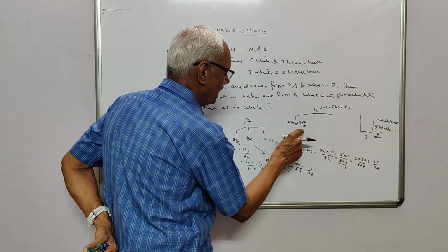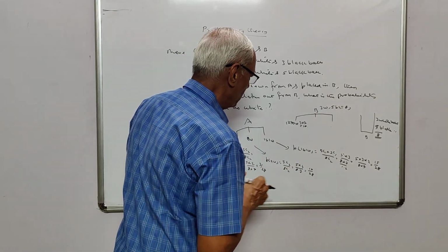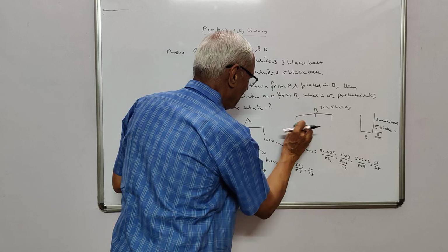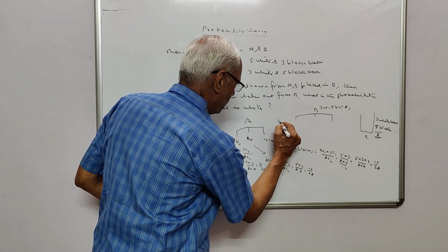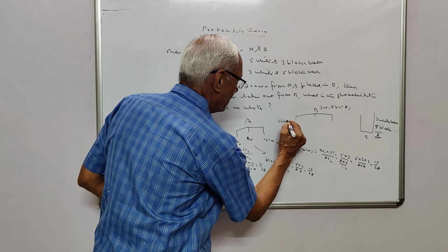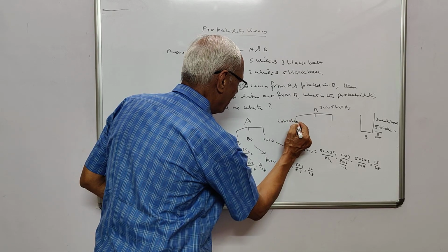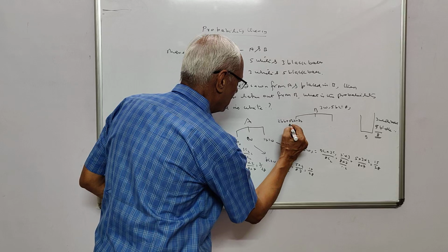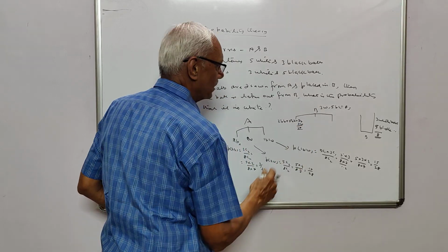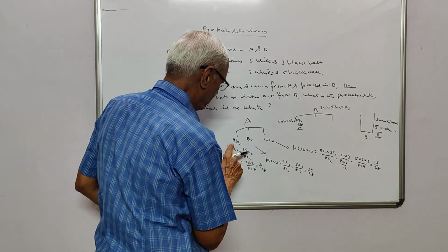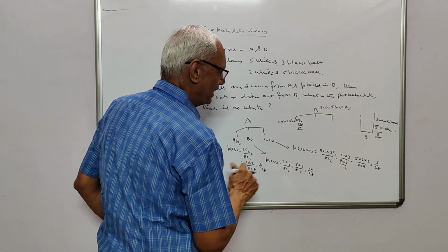Here, if two balls come, 2 black balls plus 5 black balls is 7 black balls, and you already have 3 white. So if two balls come and fall here, there are 10 balls.